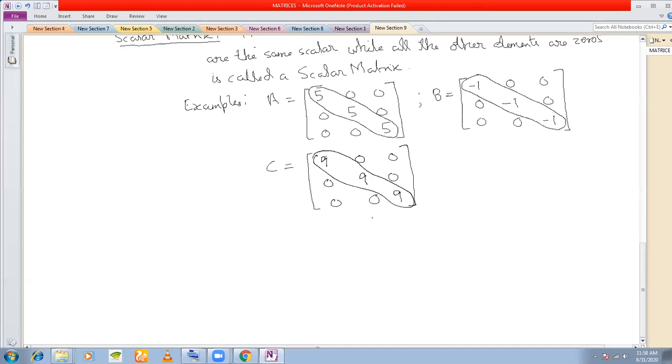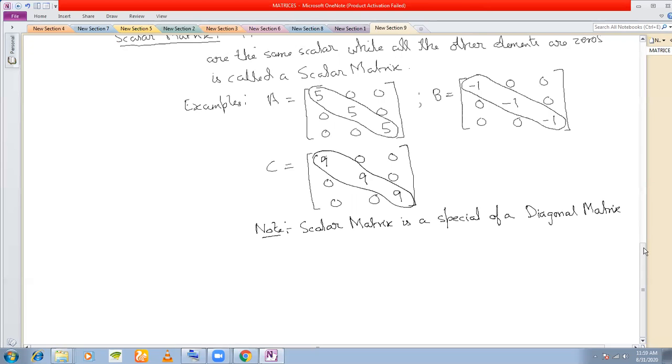Now, if you see, what can you say? That a scalar matrix is a special kind of a diagonal matrix. Scalar matrix is a special case of a diagonal matrix.